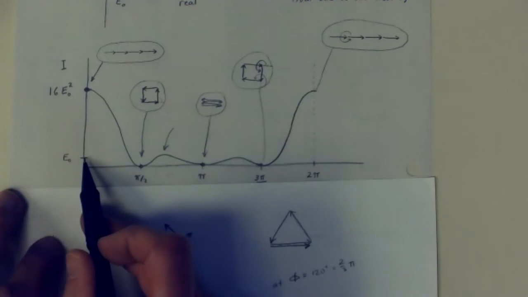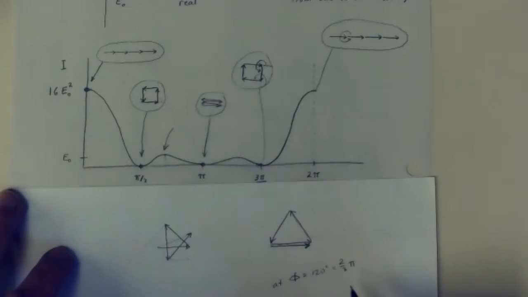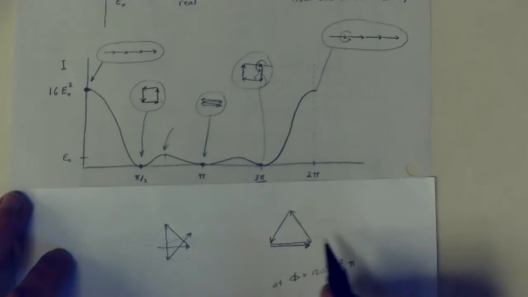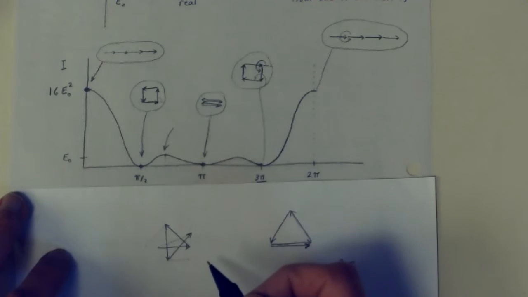So that's what this is here, but 120 is about right here. What isn't clear from this figure is whether that's the maximum, or whether 90 plus 45 would be a little bigger.